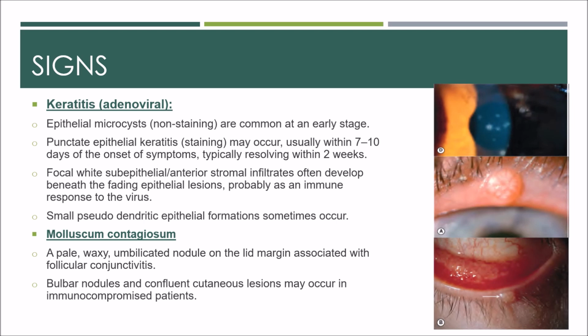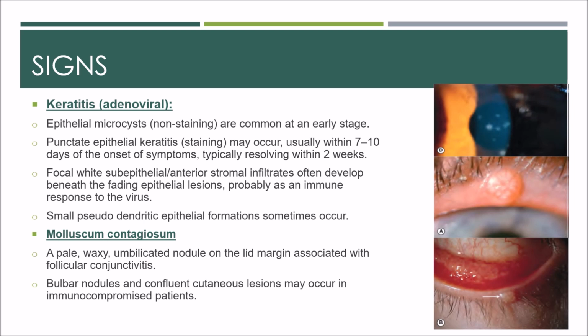Now, molluscum contagiosum, we already discussed it. It's a pale, waxy, umbilicated nodule on the lid margin, as it is seen in the second picture and in the third picture.